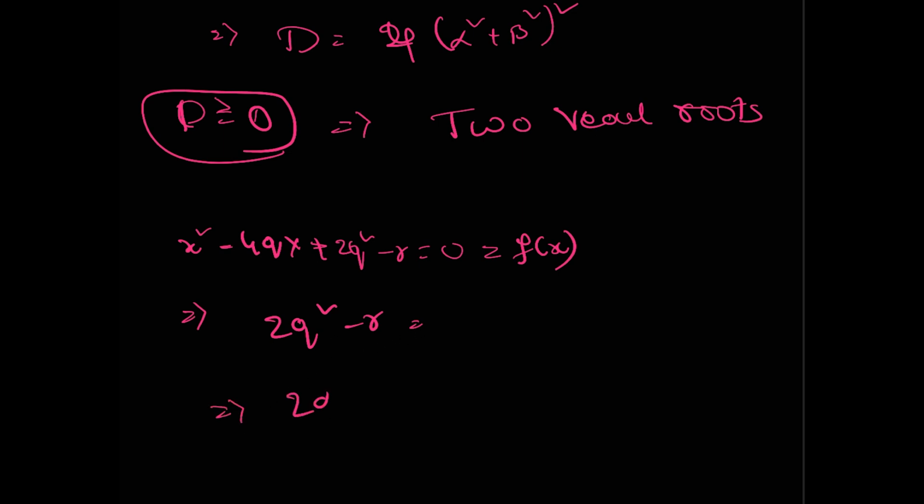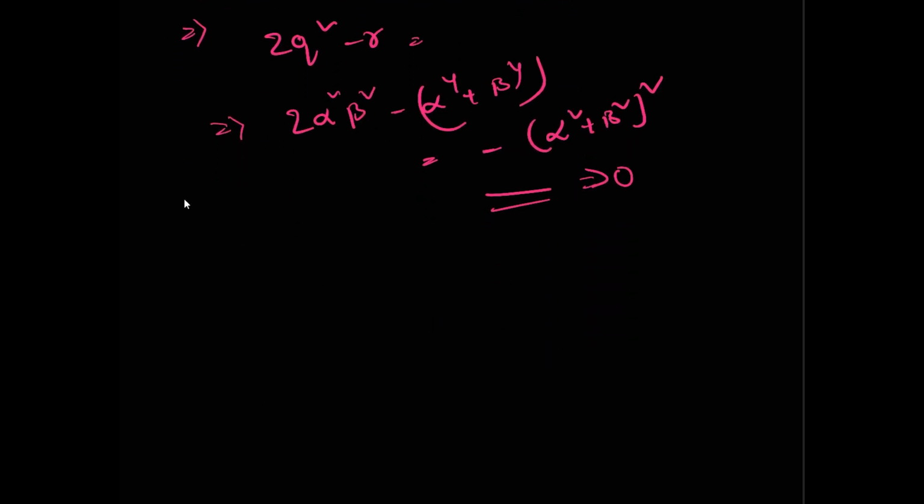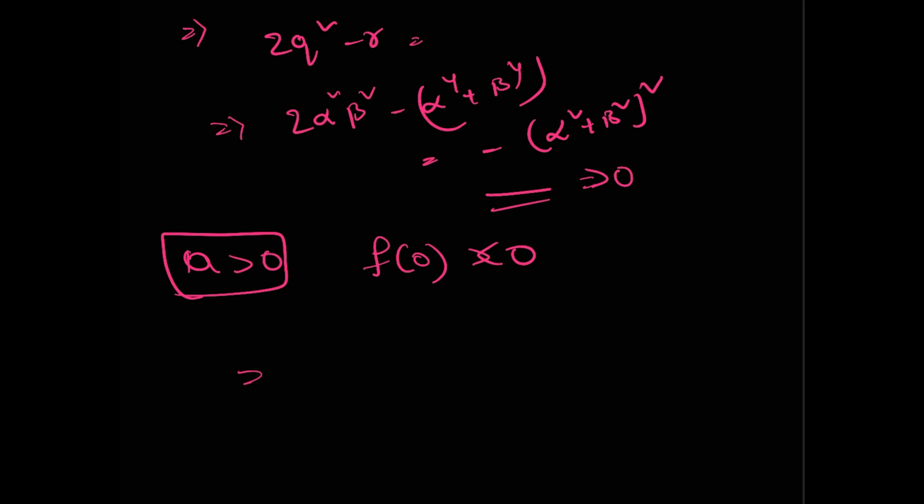That equals to 2 alpha square beta square minus alpha power 4 plus beta power 4. That equals to minus alpha square minus beta square whole square. Always negative. That means, a is greater than 0 and f of 0 is always less than 0. That means the graph will be like this.